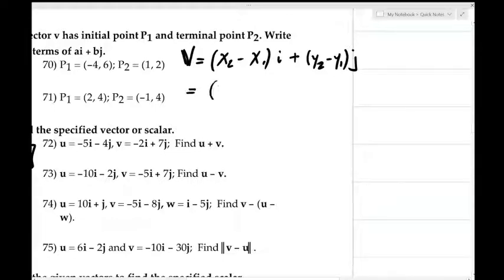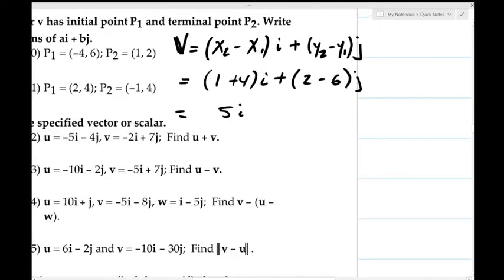So we have 1 minus negative 4, so plus 4, times i plus 2 minus 6j. So this is 5i minus 4j.